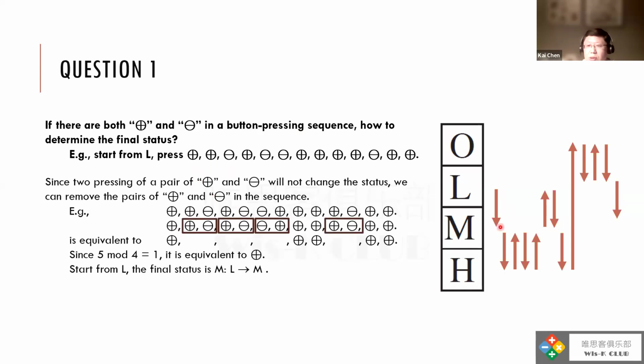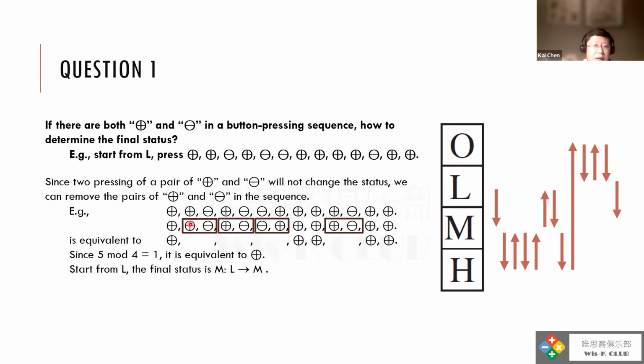Using these arrows, here we see the plus or minus: plus, plus, plus, or plus, plus, minus. But another way is to compare each plus and minus together. Because when you have a plus and a minus, it means that you go back to the original place, right?